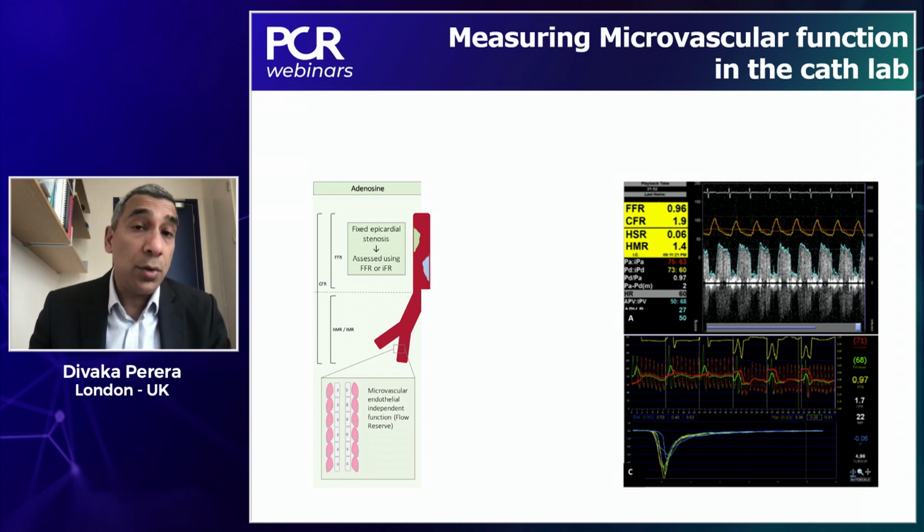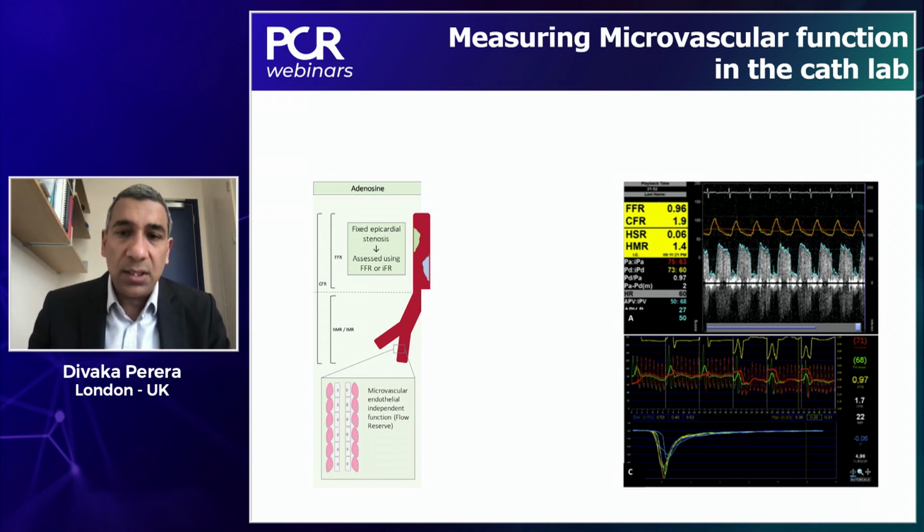And that's where we use adenosine as the vasodilator agent. Now, most of you who are listening in will be using this almost on a weekly basis, but primarily to assess the significance of epicardial disease. And in that case, it's fractional flow reserve if you're using adenosine, or the resting indices, iFR, and so on.